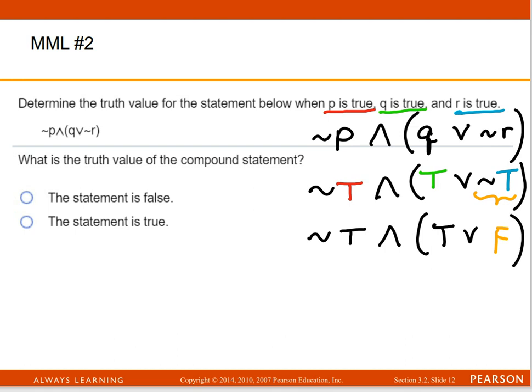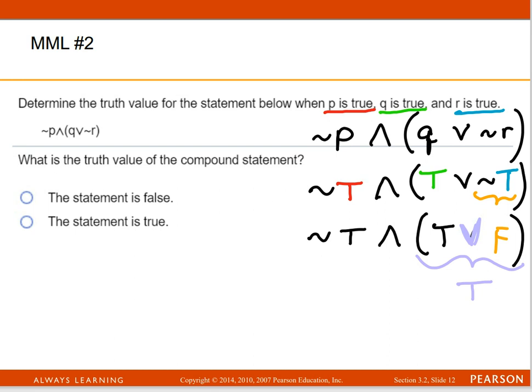The next thing you're going to do is finish what's in the parentheses, which is this or. When you have a true or a false, as long as one of them's true on an or, you get a true.